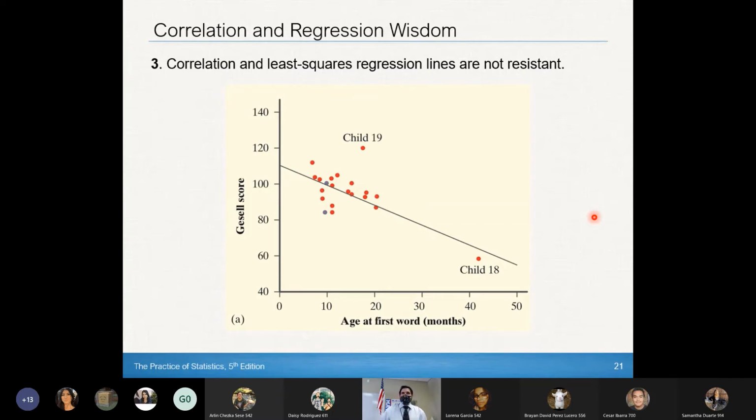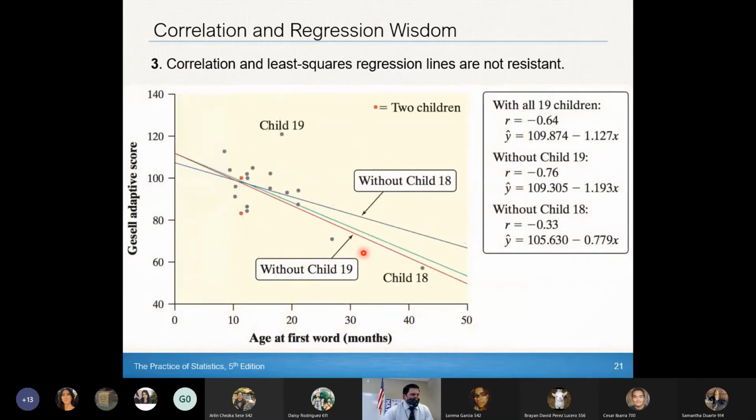So here's the original data set with a regression line running through it. We can see outliers of child 19 and child 18. 19 is basically far away from our regression line here, and 18 is an outlier because it's far away from the main cluster. If we remove either of these 2 points, the line changes.